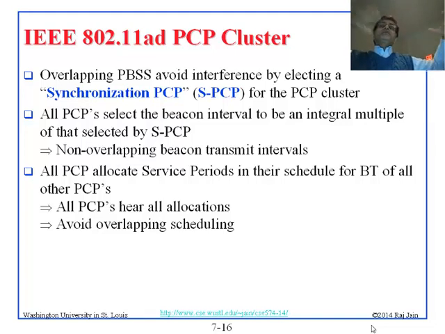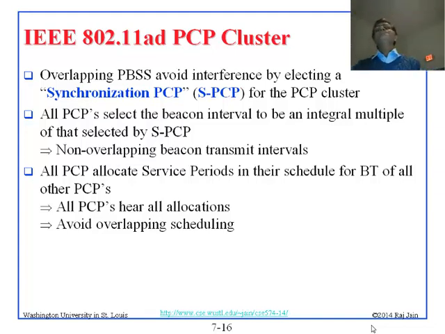Everybody knows what everybody is doing, and they avoid interfering with each other. All PCPs here, all allocations, and avoid overlapping scheduling. That's all there is. A PCP cluster is a bigger set of stations, except that since one PCP cannot handle it, there are many PCPs, and then there is a boss PCP.